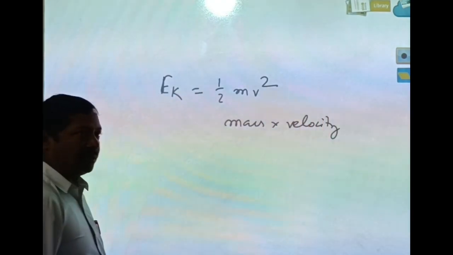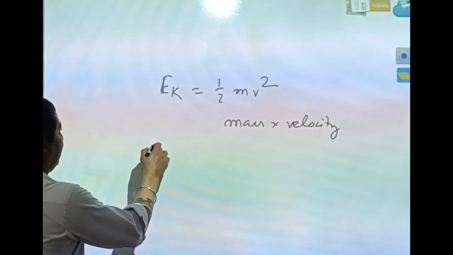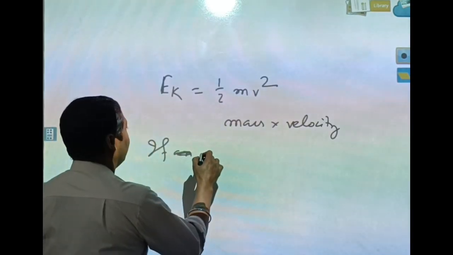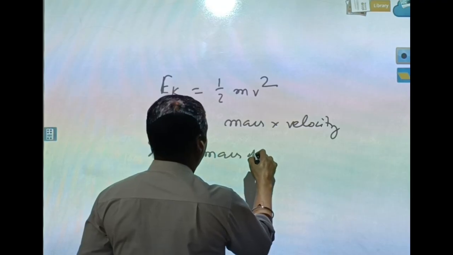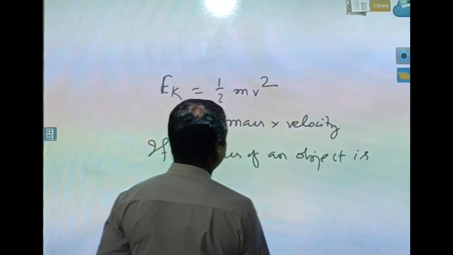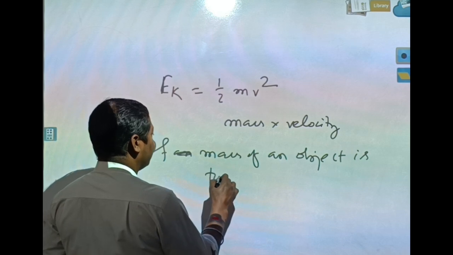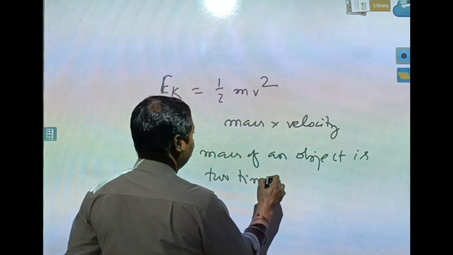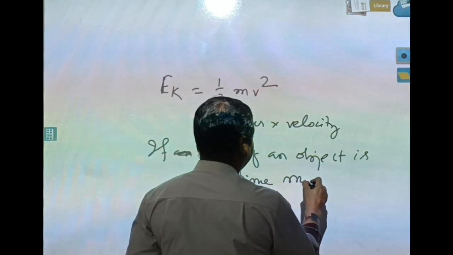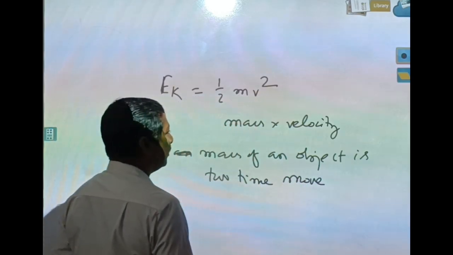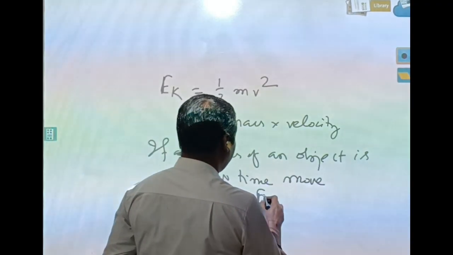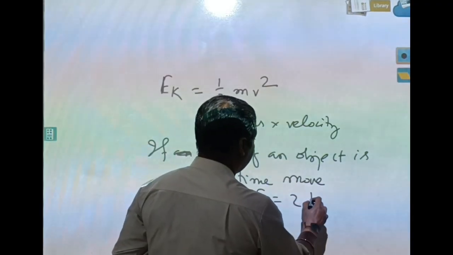If the mass of an object is 2 times more, then what will be its Ek? Ek will be 2 times also.